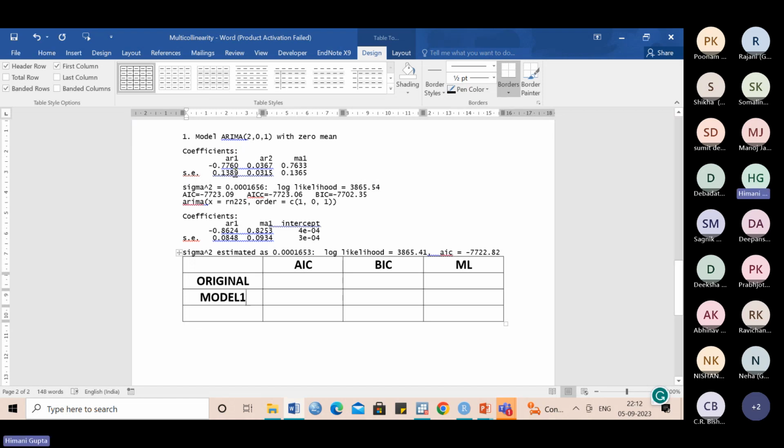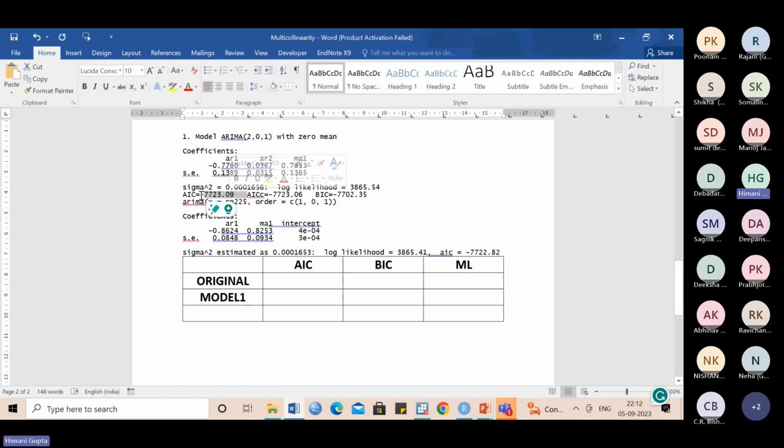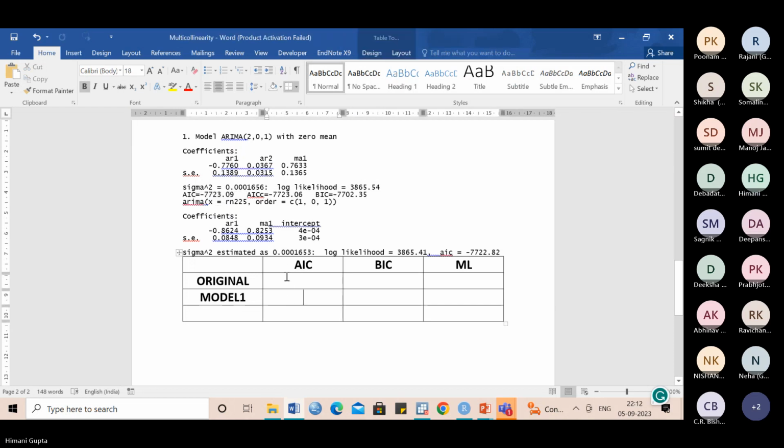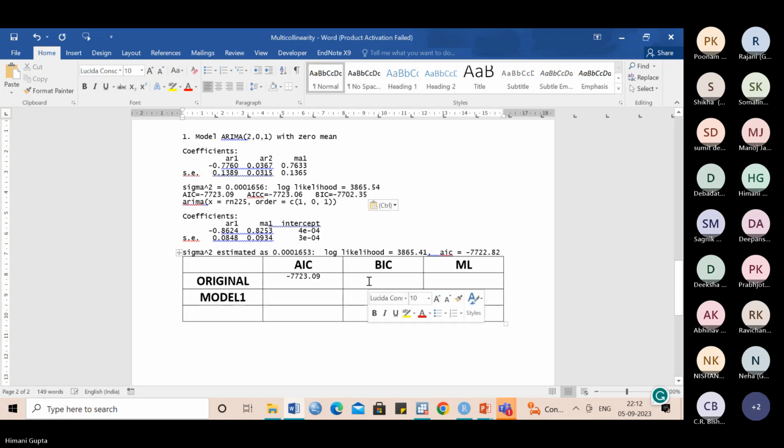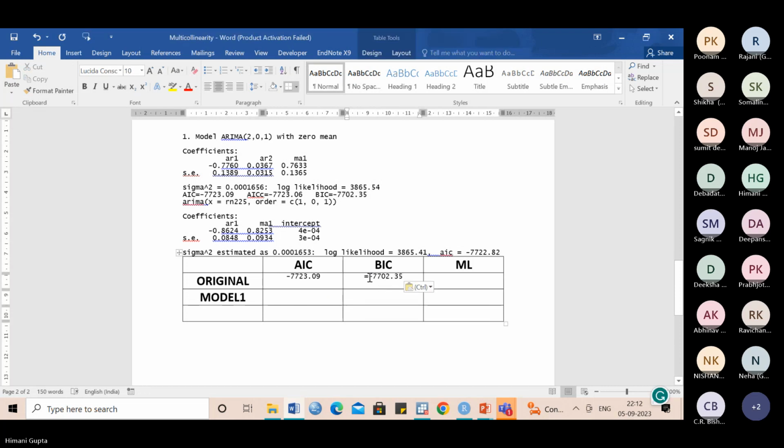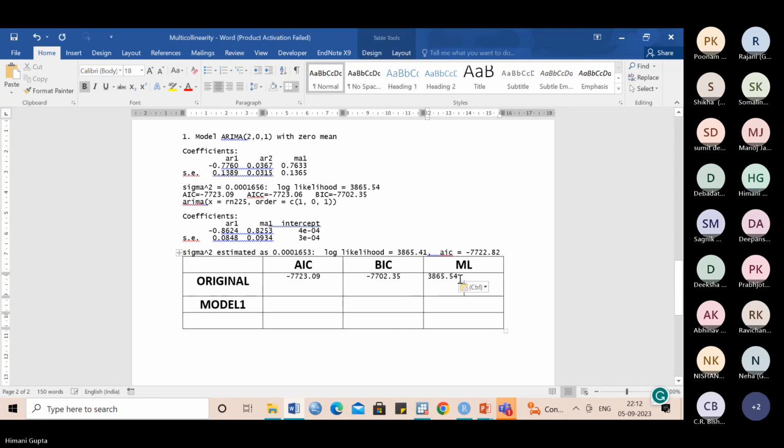Now, if I see for the original model that R has given me, AIC is minus, and my BIC is this one. Right, and maximum likelihood, it has given me this one. Now let's check it for this.